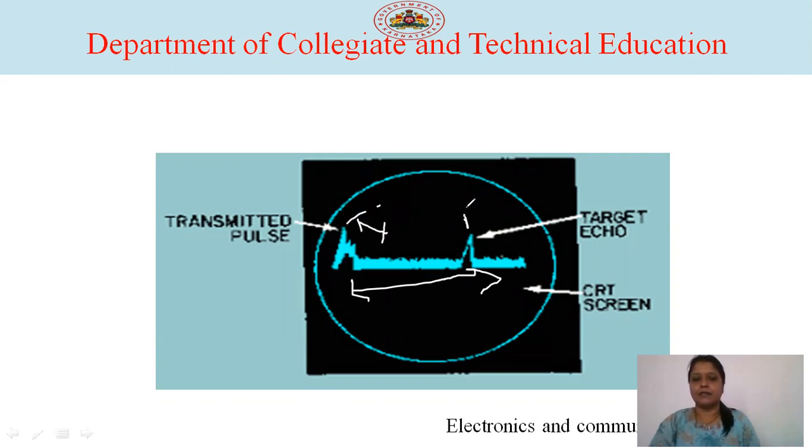This distance from this to this represents the distance from the target to the radar station. In between, we will have some noise and clutter. Those are due to the stationary objects. The echo signals which we receive from the stationary objects appear as clutter.